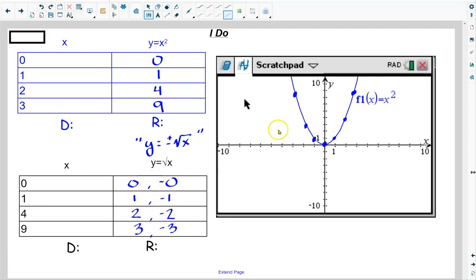Now pay attention to what happens. Of course, this is a function. It passes the vertical line test. Now, if we were to do the same thing here, let's get black. We'd go 0, 0. We'd have 1, 1. We'd have 4, 2. And we'd have 9, 3.